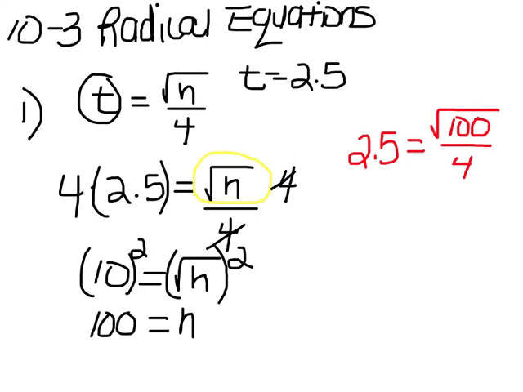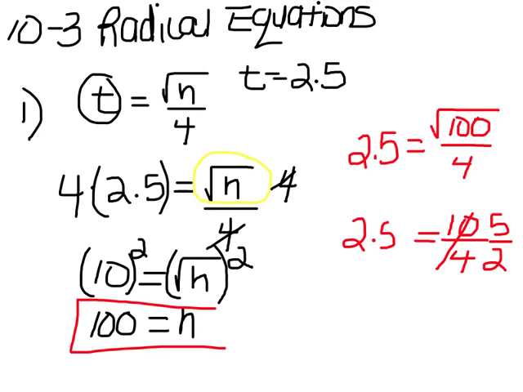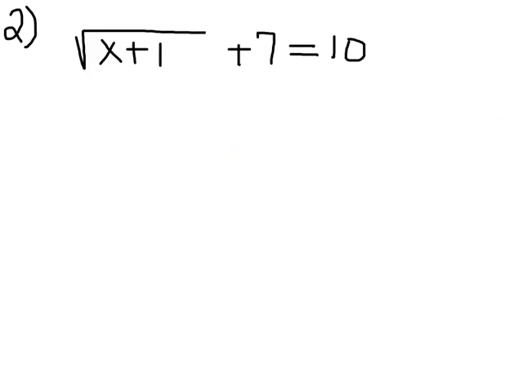The square root of 100 is 10 over 4, and that equals 2.5. 10 over 4 reduces to 5 over 2. 5 over 2 is 2.5, and 2.5 is equal to 2.5. So we know that h does in fact equal 100.